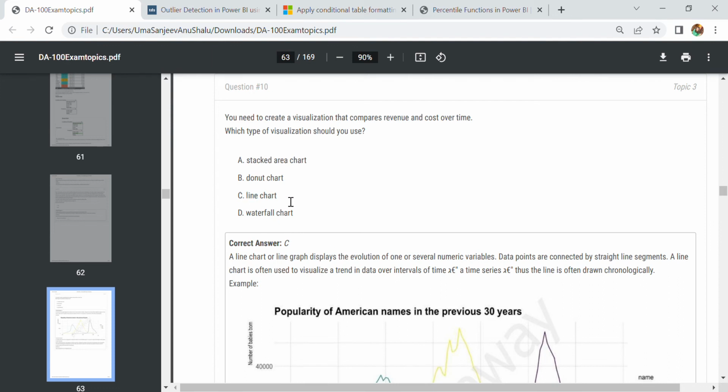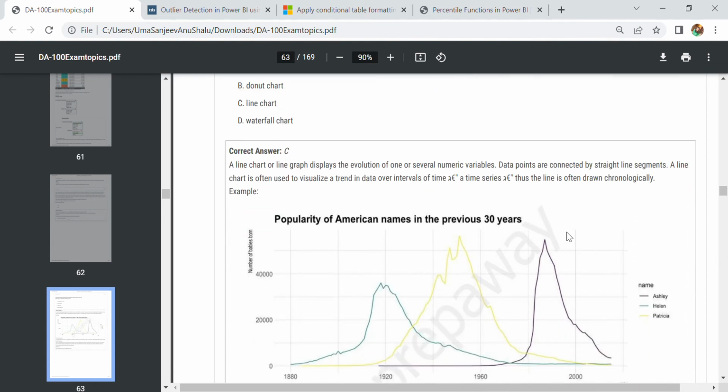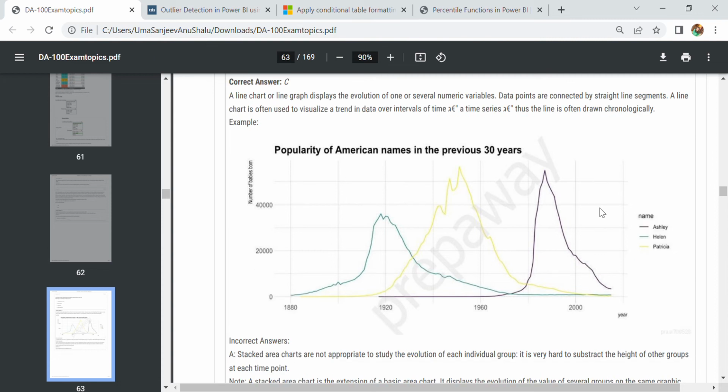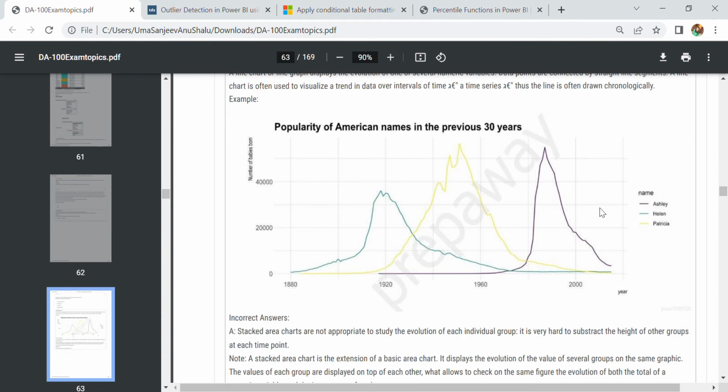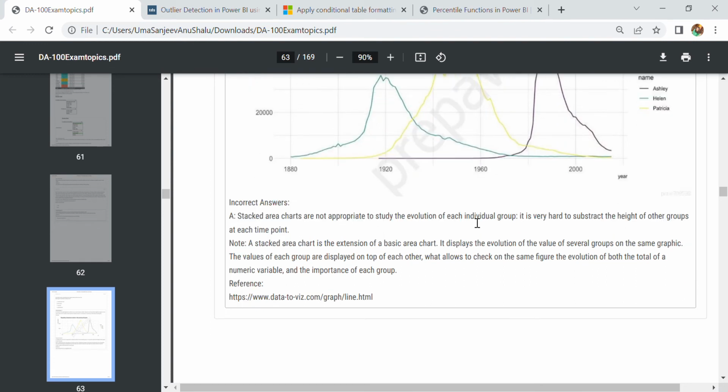Why a line chart? Because a line chart shows the evolution of one or more numerical variables, and data points are connected by straight lines, like in this graph where we see the popularity of American names over the previous 30 years. For more information about graphs we can go to this page, data2wiz.com.